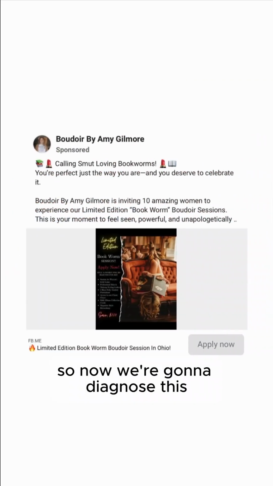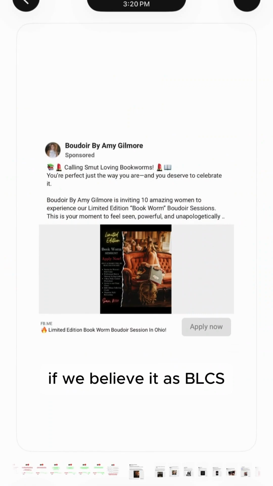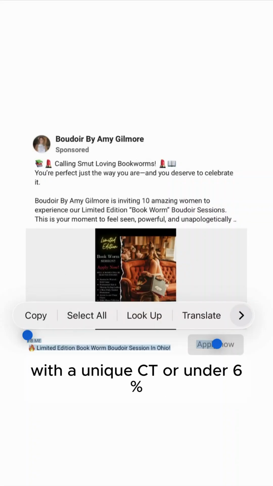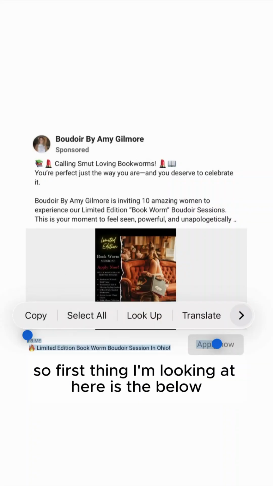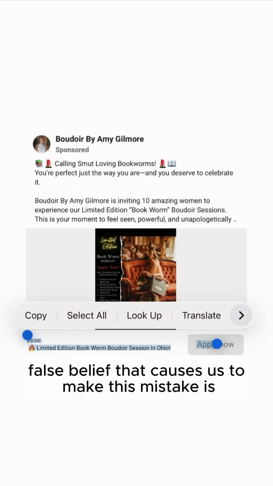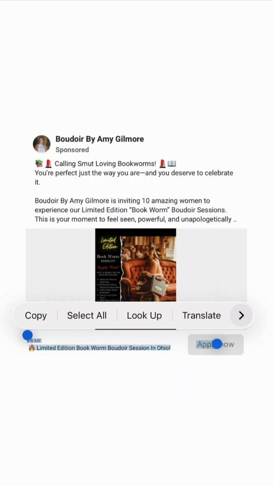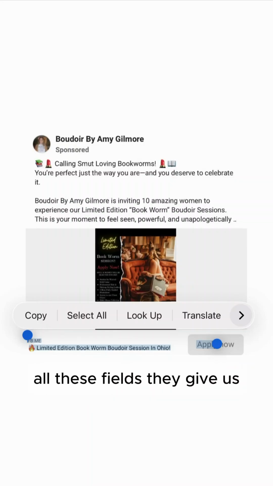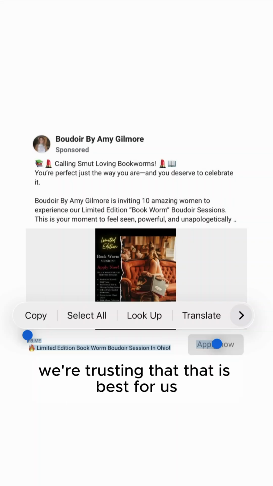So now we're going to diagnose this if we believe it's BLCS, aka Boudoir low click syndrome, with a unique CTR under 6%. So first thing I'm looking at here is the below creative cluster mistake. The false belief that causes us to make this mistake is we're trusting that what Facebook recommends for us to fill out in our ads, all these fields they give us, is best for us instead of being best for Facebook.